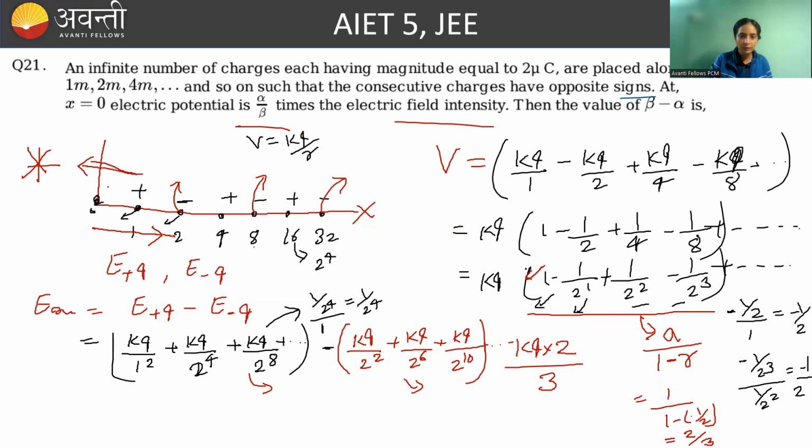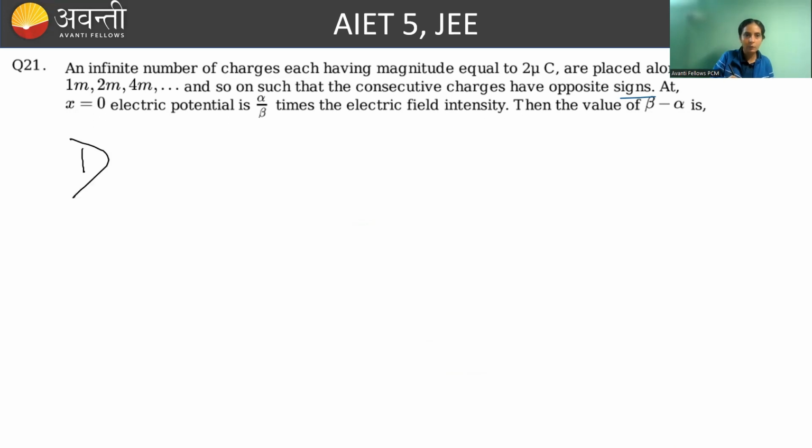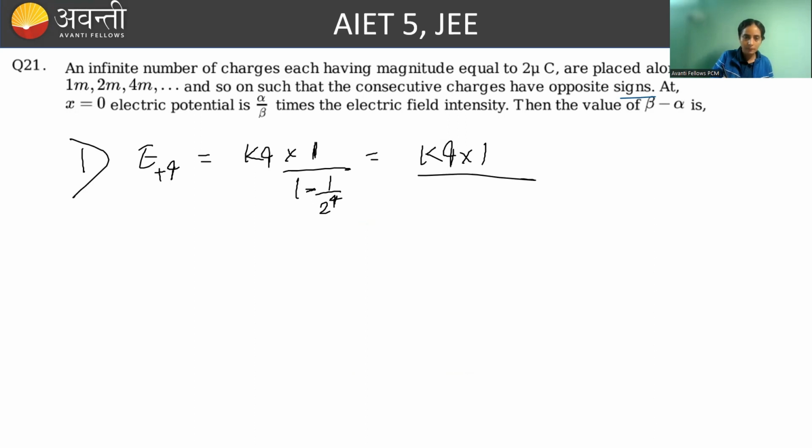So for first case, if I talk about E plus Q, what will be our value? KQ, first term is your 1, and 1 minus r you will do. 1 by r is how much? 2 to the power 4. So this is equal to KQ into 1 by, this is 15 and this is 16. Okay. So 16 KQ by 15.